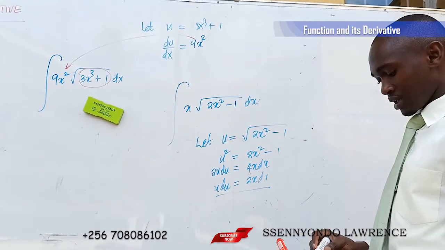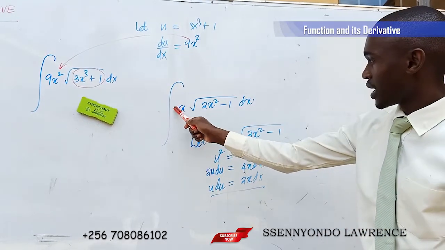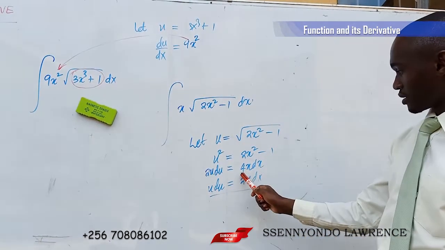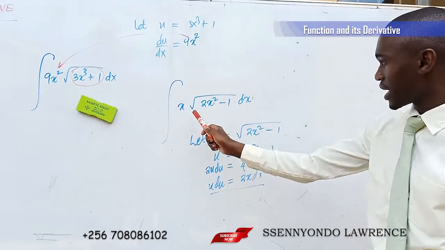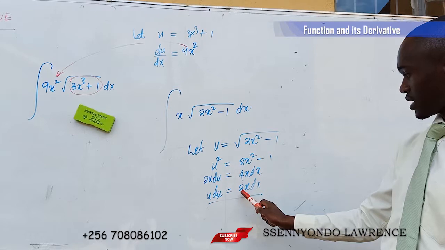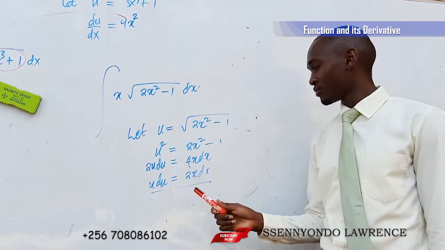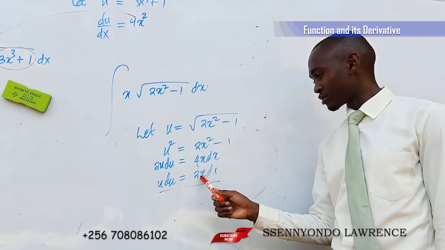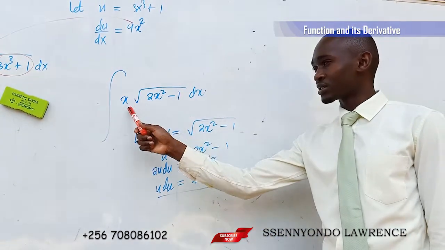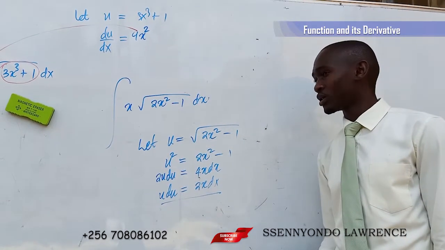Even when I go on to reduce, this time it's not the same. I get 2x, but in the function I have x, it doesn't have the 2. That's not the end. Our interest should be which variable is in question. The variable is x, it is to power 1, and the one I'm getting is also to power 1.